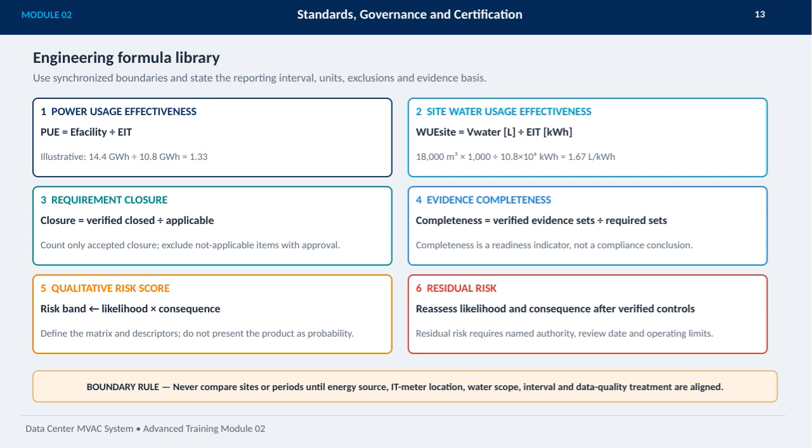Finally, residual risk reassesses the likelihood and consequence after controls are verified, requiring clear authority, review dates, and operating limits. A crucial boundary rule is to never compare sites or periods unless energy sources, IT meter locations, water scopes, intervals, and data quality treatments are fully aligned, ensuring fair, meaningful analysis.